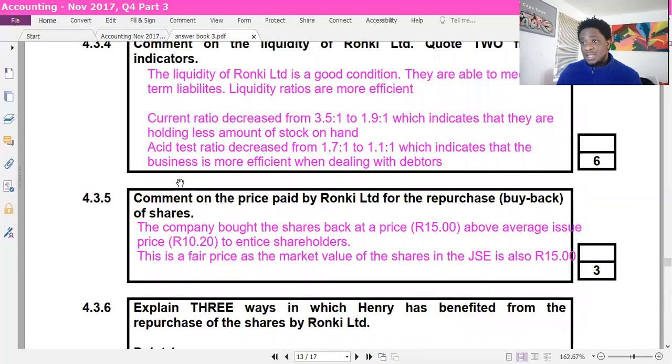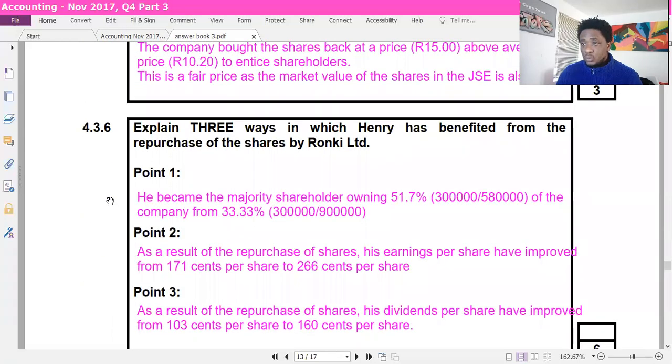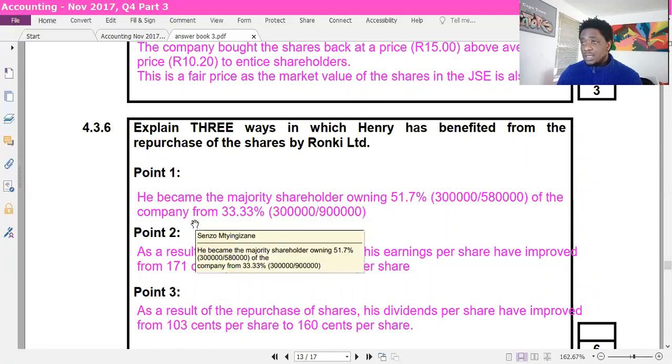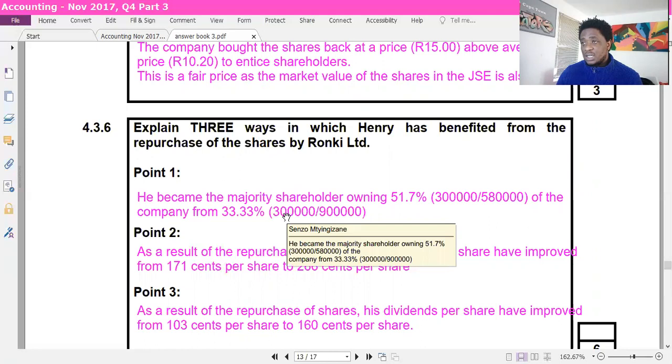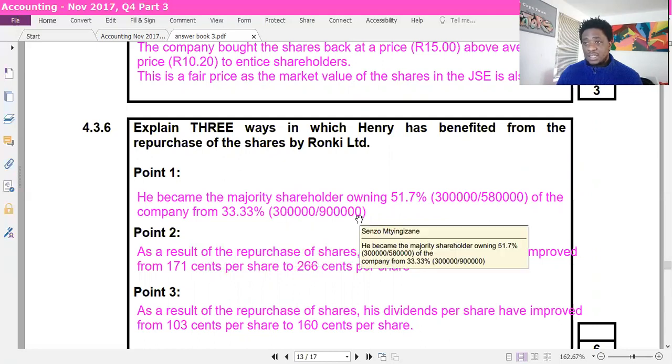And this is my answer. Point 1, he became the majority shareholder, owning 51.7% of the company. Calculated that by saying 300,000 divided by 580,000. And he previously owned 33.33% of the company. Calculated that by taking 300,000 and dividing by 900,000.